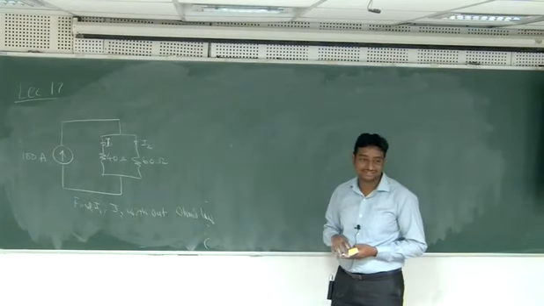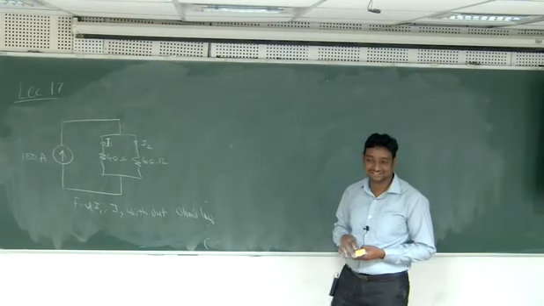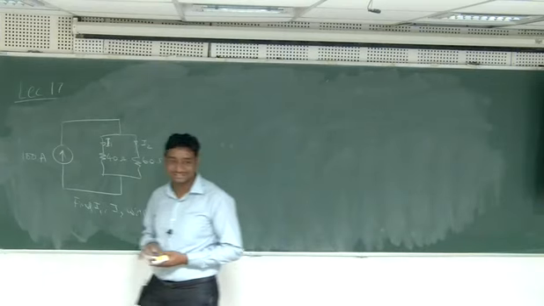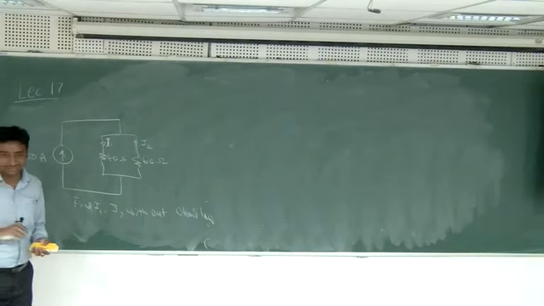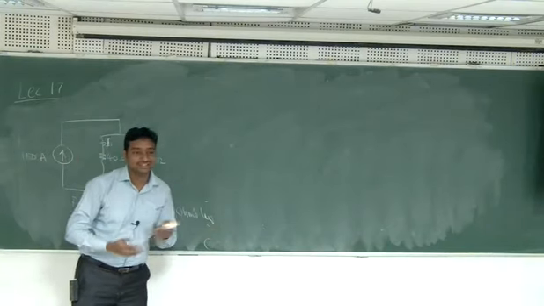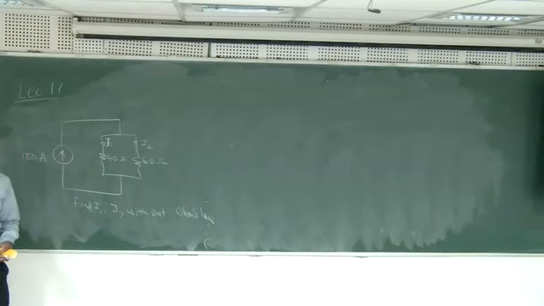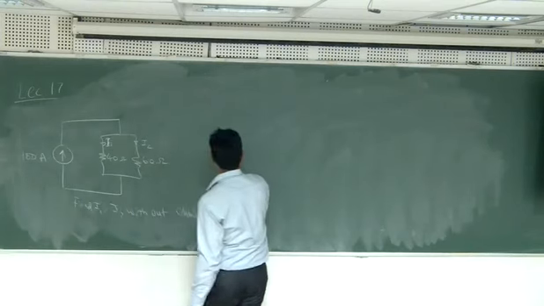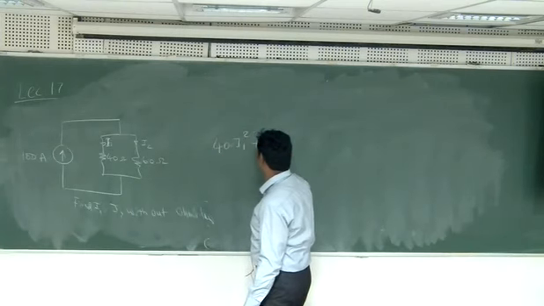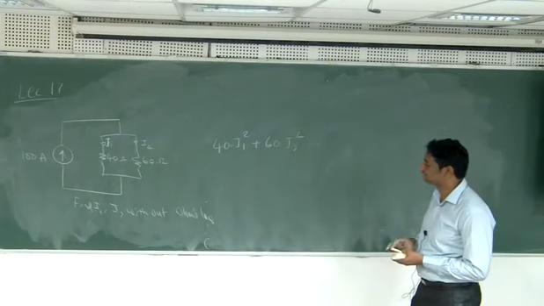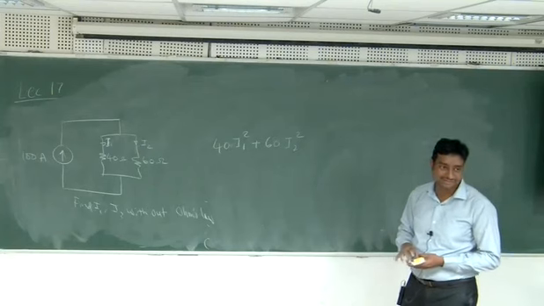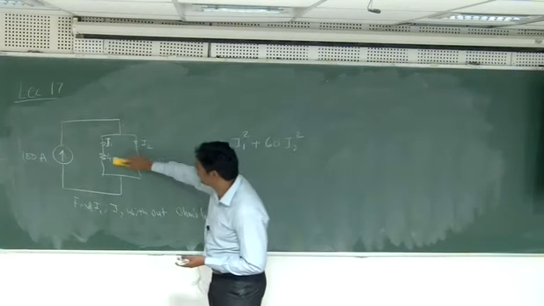So the question is why minimum, but at least we'll try his approach. So power loss here is 40 I1 square plus 60 I2 square. By the way, to match it to exactly the previous problem, this should be 4 ohms and this should be 6 ohms.